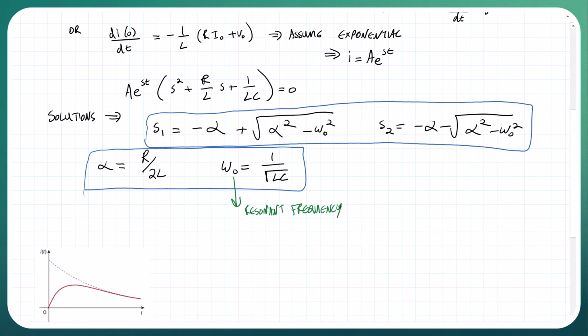Okay, and based on this, we'll be able to determine whether we have an overdamped, critically damped, or an underdamped system. Okay, and our S1 and S2 are defined as our natural frequencies, and they're going to be measured in nepers per second.